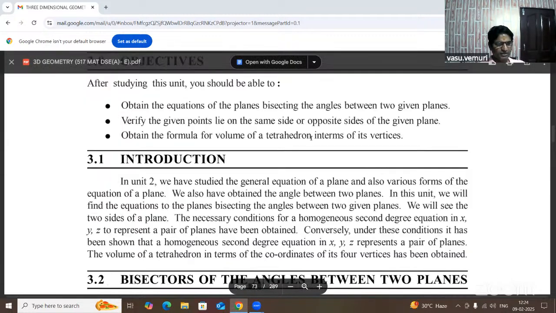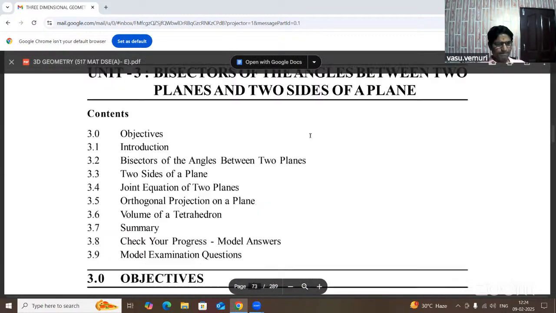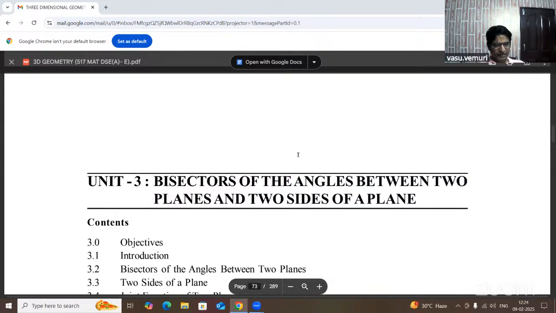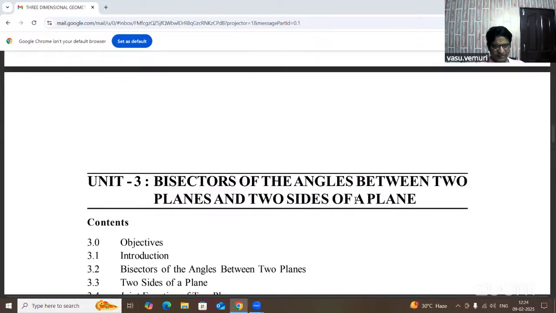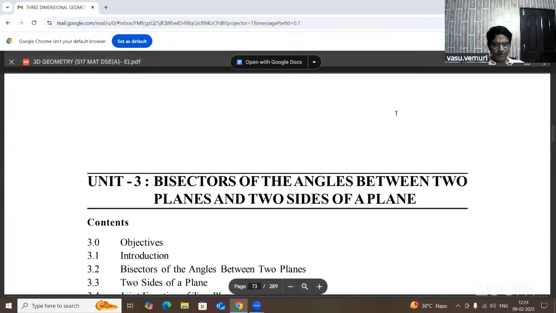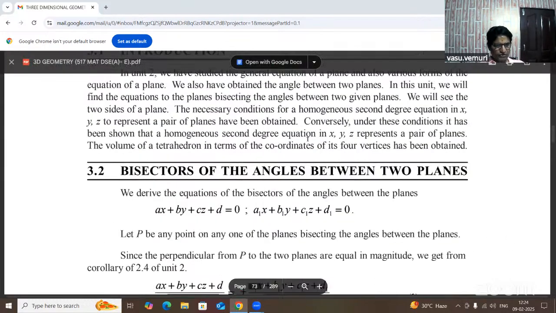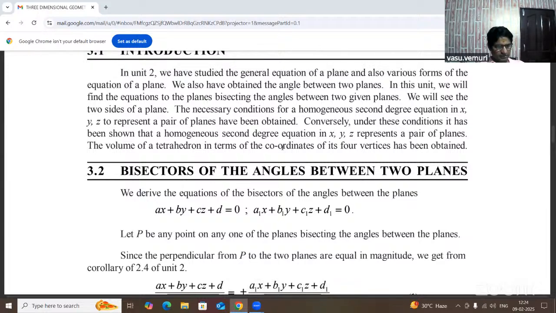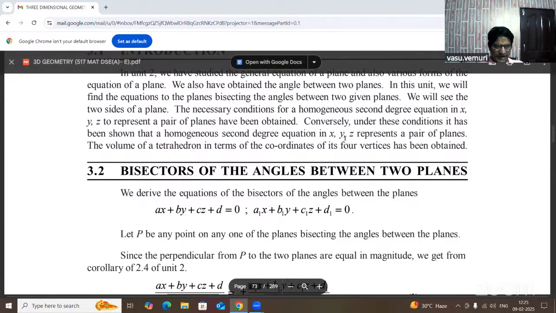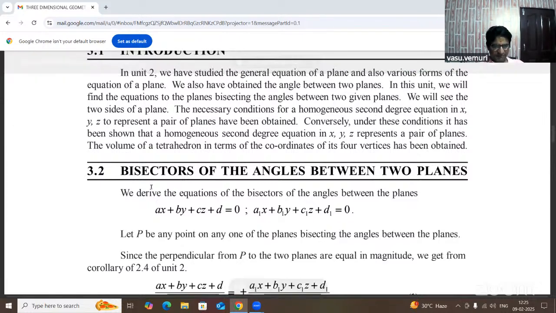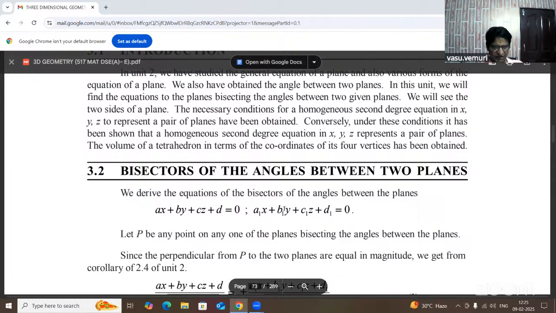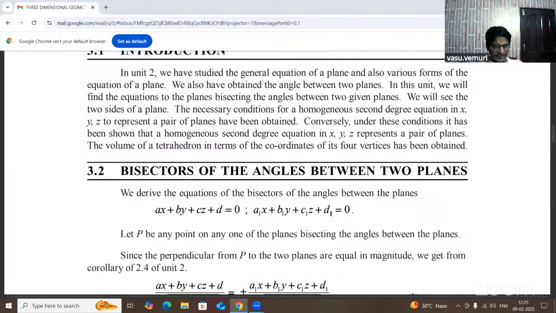Unit 3 is bisectors of the angles between two planes and two sides of a plane. This is also one of the important concepts. Given the planes ax plus by plus cz plus d equal to 0, and a1x plus b1y plus c1z plus d1 equal to 0, take any two planes.